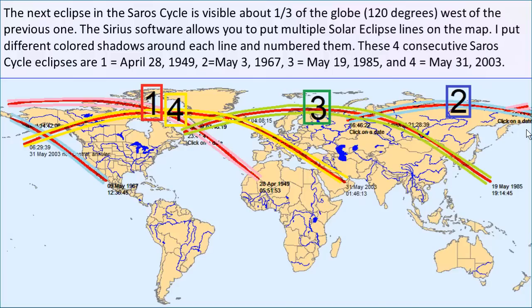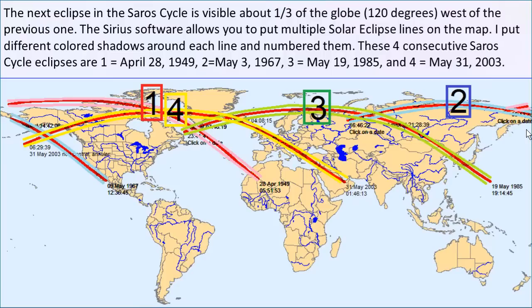One of the ways is that these succeeding eclipses occur in a similar latitude on the Earth. In fact, they move very gradually, either from the North Pole down to the South Pole or vice versa. They will start at the South Pole and move their way up to the North Pole.